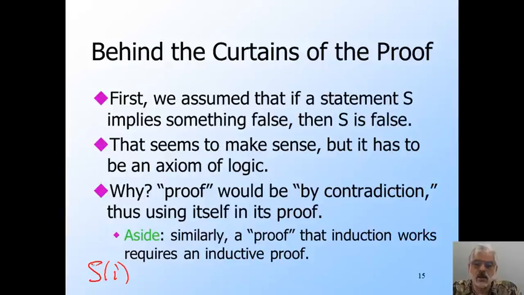And if i is not the basis, then you know it is true for i minus 1, and you proved the inductive step. That is, you know S(i-1) is true, and you proved the inductive step, which implies in particular that S(i-1) implies S(i). So again, S(i) could not be false. But the idea of least counterexample is equivalent to proof by induction.